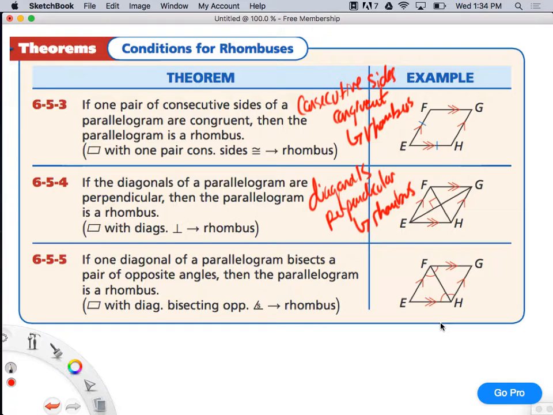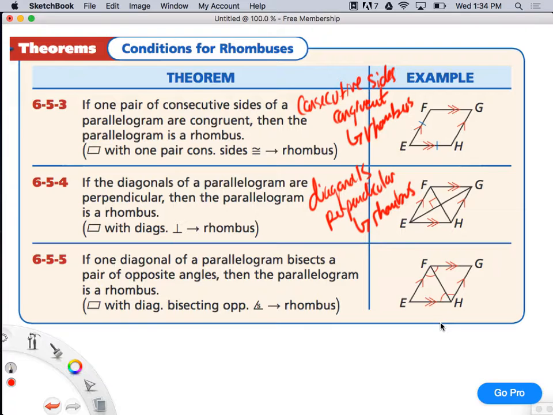Olivia, how'd you read that one for us, please? If one diagonal of a parallelogram bisects a pair of opposite angles, then the parallelogram is a rhombus.